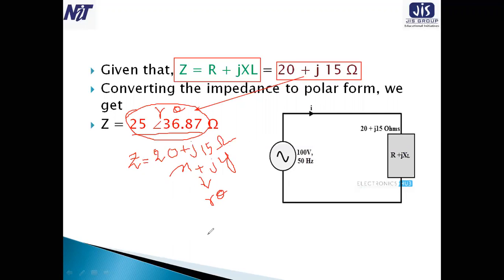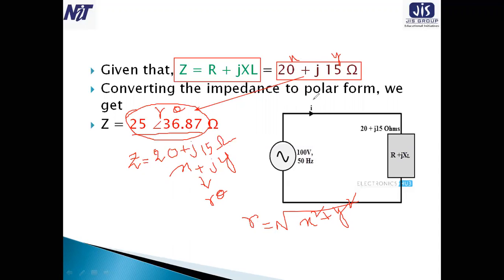It is really easy because we know that r equals root over x square plus y square. This is x, this is y, x plus jy.